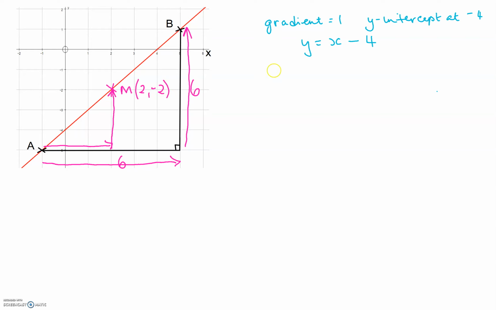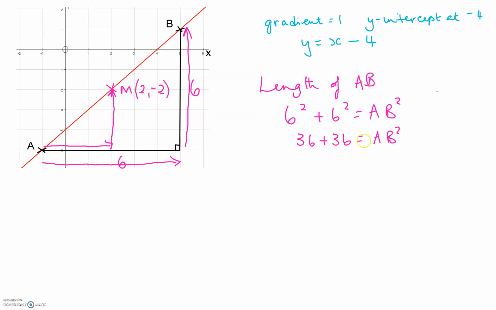To find the length of the line, so the length of AB, again we're going to use Pythagoras' theorem. So again, AB is the hypotenuse, so 6 squared plus 6 squared equals AB squared. 6 squared is 36, plus another 36 is 72.